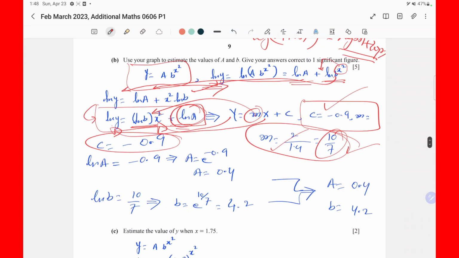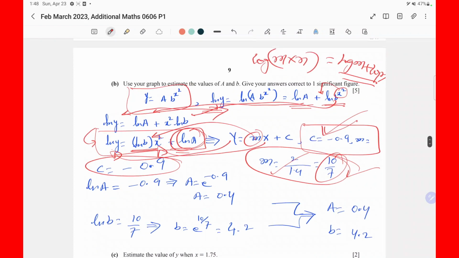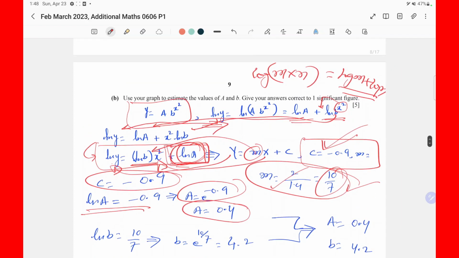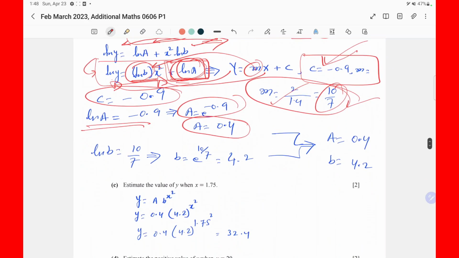Now we have c as minus 0.9 and m is 10 over 7. c was the y-intercept, and according to here, the y-intercept is ln a. So ln a is minus 0.9, a is e to the power minus 0.9, a is 0.4, and the gradient is ln b, right? So ln b is 10 over 7, b is e to the power 10 over 7, b is 4.2.